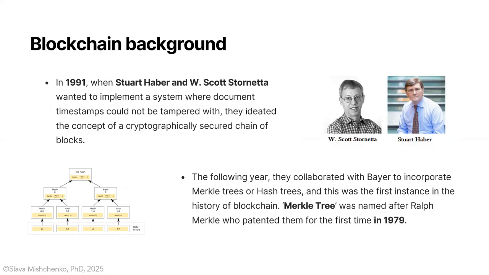Because Merkle trees allowed for efficient and secure verification of large data structures, which is still a fundamental component of blockchain technology even today. And when I speak about that, I always emphasize that these early innovations laid the groundwork for everything that followed.